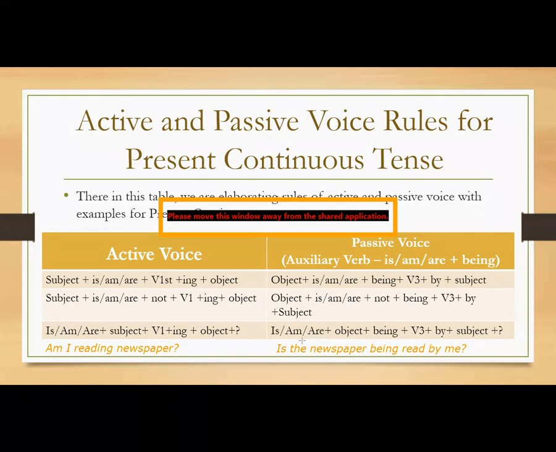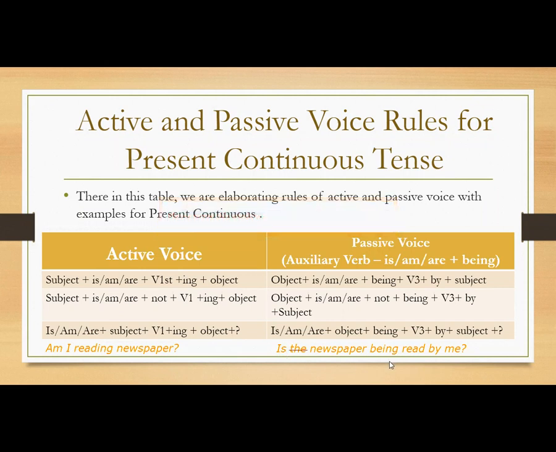This is according to the object, remember this, because newspaper is singular, and according to singular we use is. This confusion is also cleared.